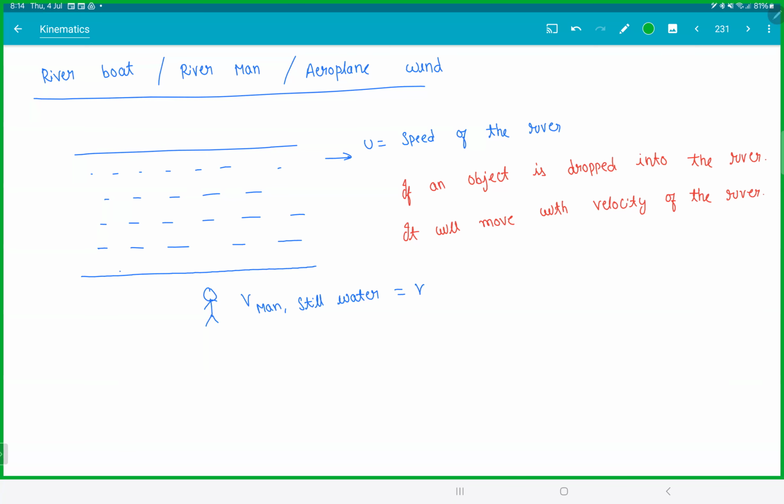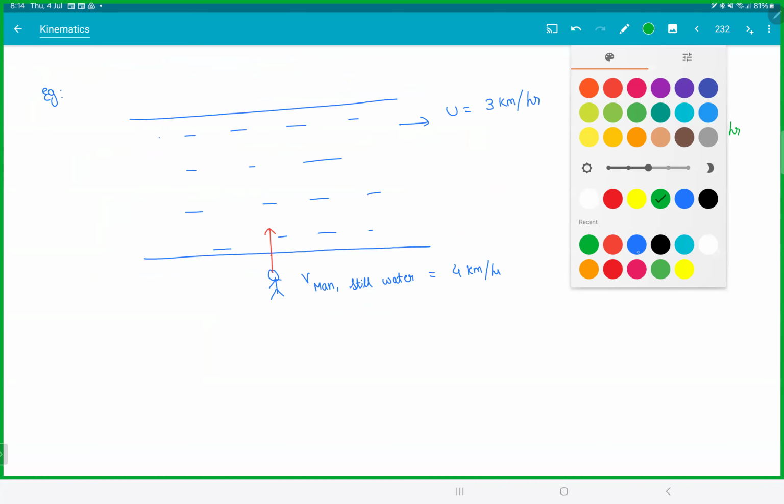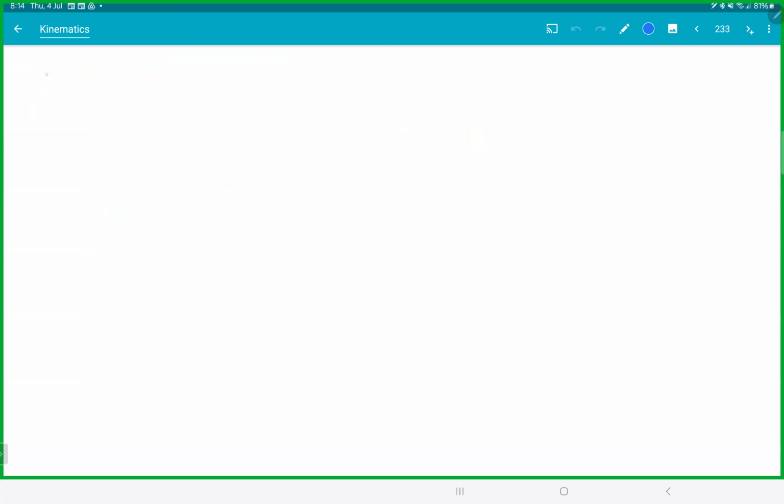Then, now in this, there are 4 cases. Case 1: man swims along or opposite to the river flow.